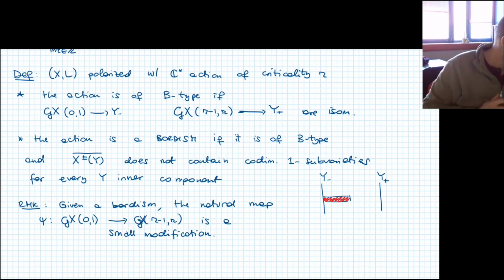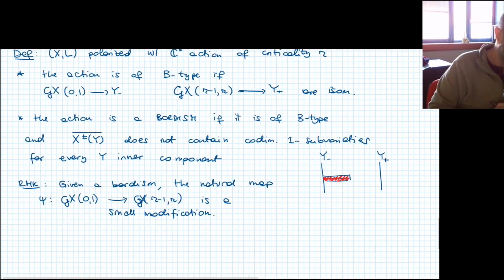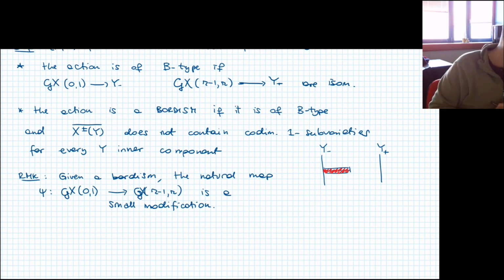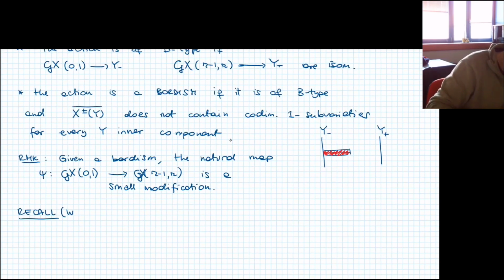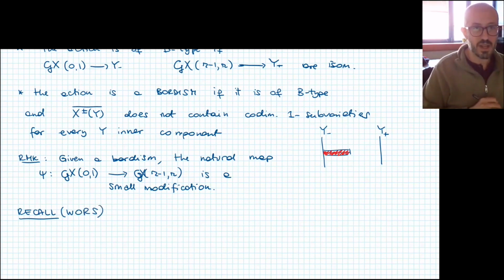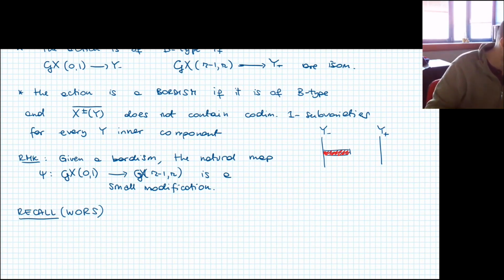Okay, let me recall one more thing and then we're done. And then we start with the correspondence. Theorem of Wisniewski, Occhetta, Romano, and Solá Conde. Not in alphabetical order because worse is better.